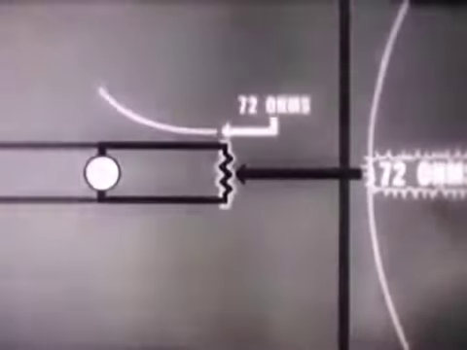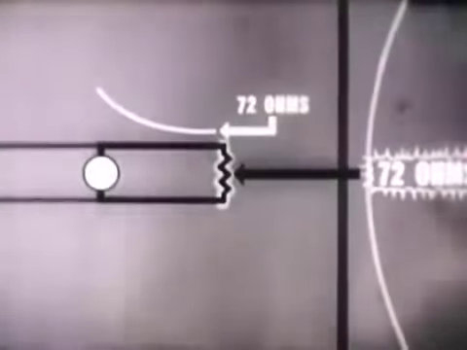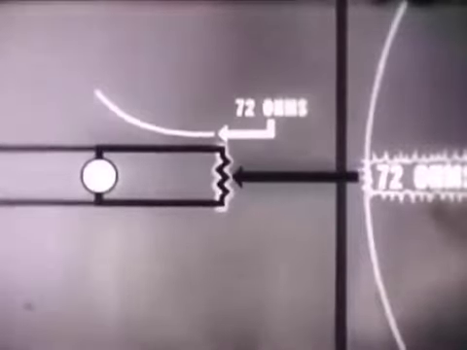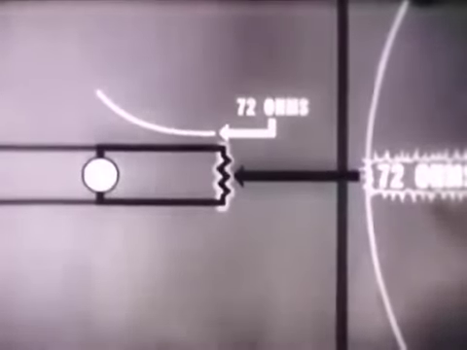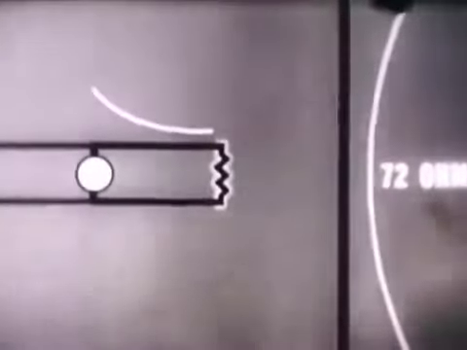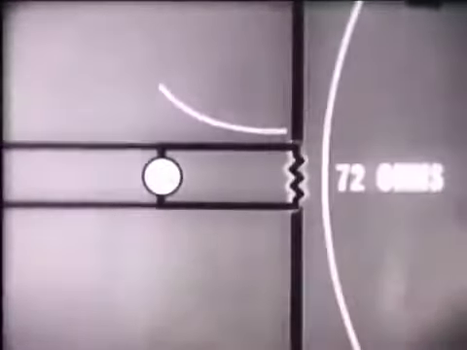Now we know that our impedance value at this point is 72 ohms. This changes our curve a bit, decreasing the impedance value at the generator end of the line because the standing wave is no longer at maximum amplitude. Now let's bring our antenna into the picture again, connecting it to the closed end of the line and removing the resistor.